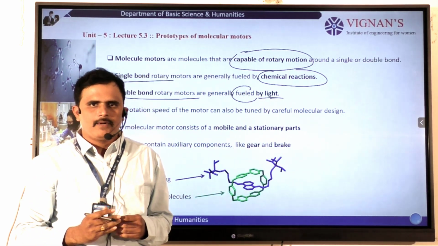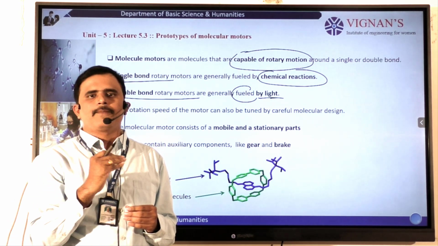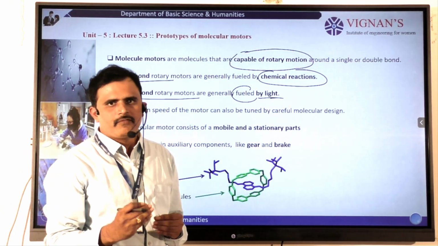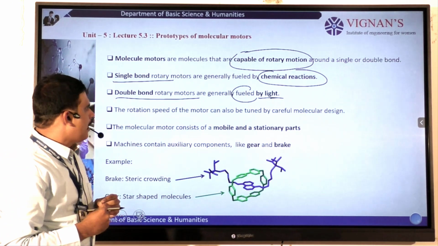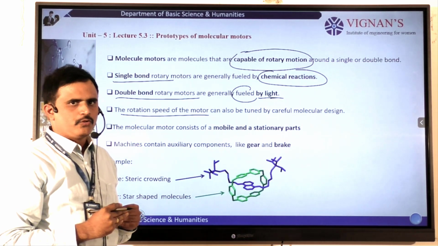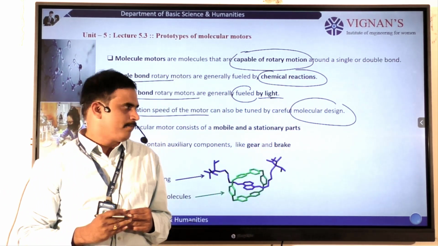That means with the help of light these molecules change their structures, like some types of radium stickers. Those stickers are manufactured with these molecular motors. And the rotation speed of the motor can also be tuned for a beautiful molecular design.